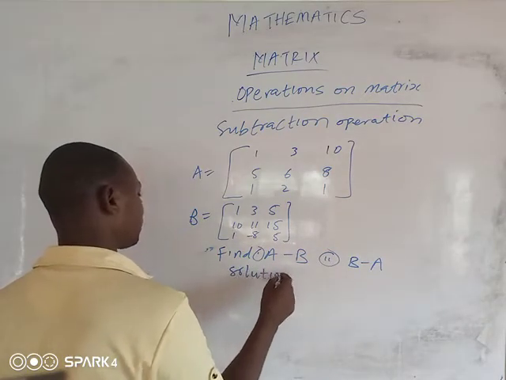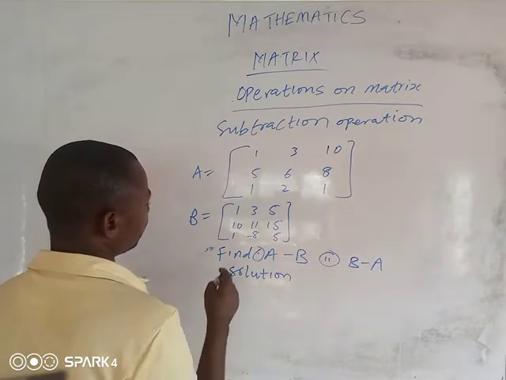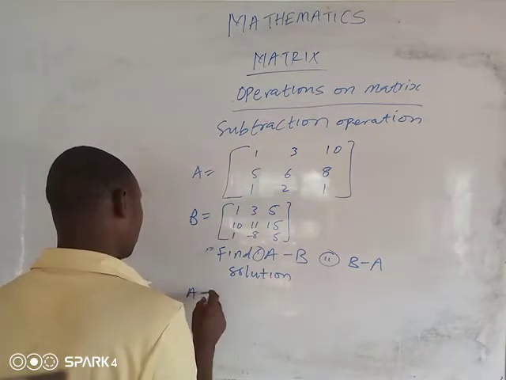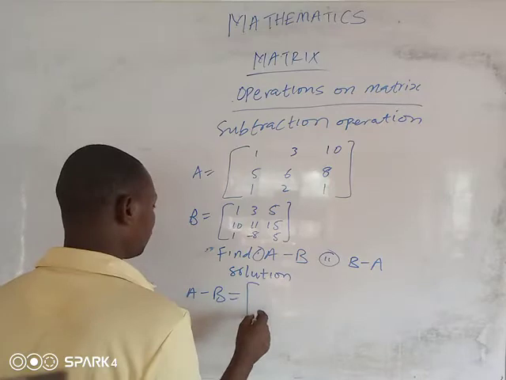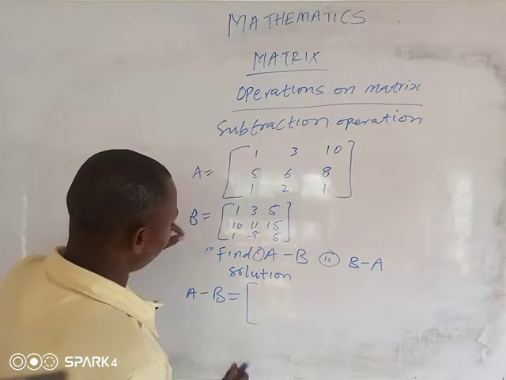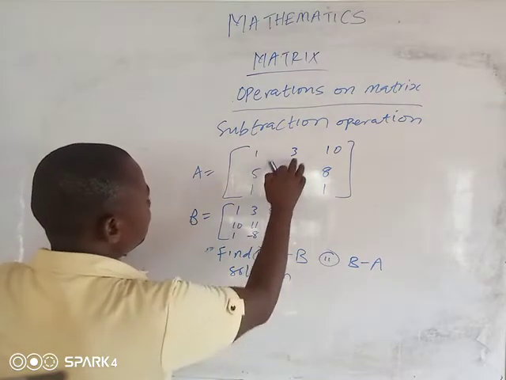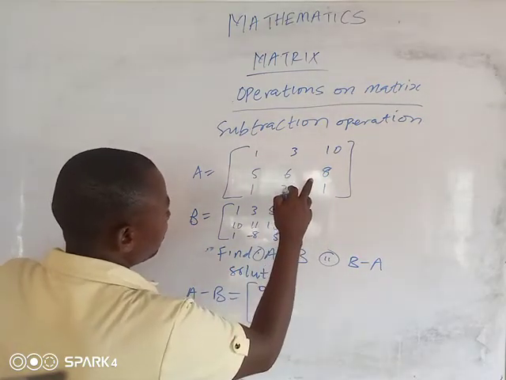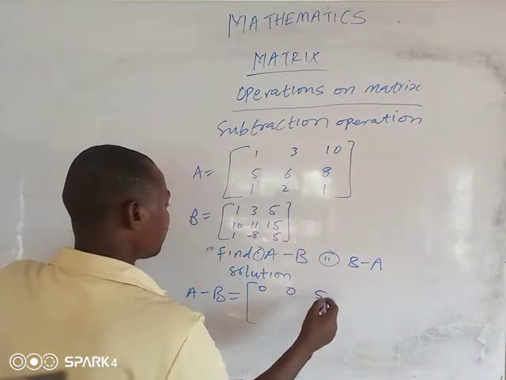Solution. So we are going to subtract A11 from A11. This time around I will just go straight. I've told you how to usually perform the operation. So this 1 minus 1 will give us 0. This 3 minus 3 will give us another 0. This 10 minus this will give us 5.